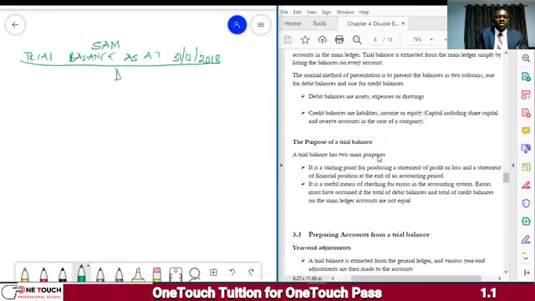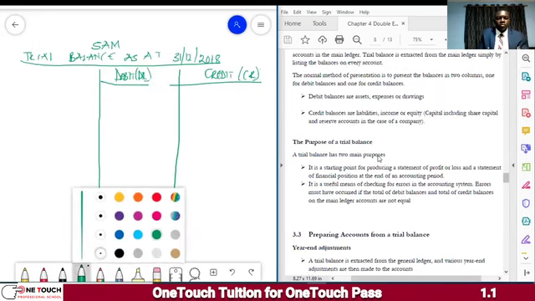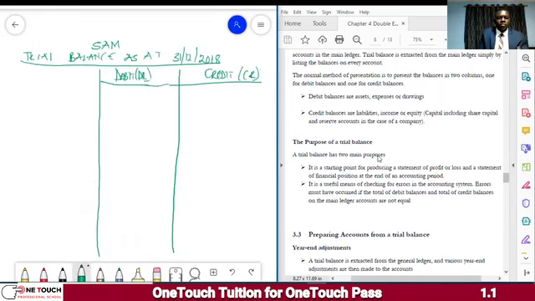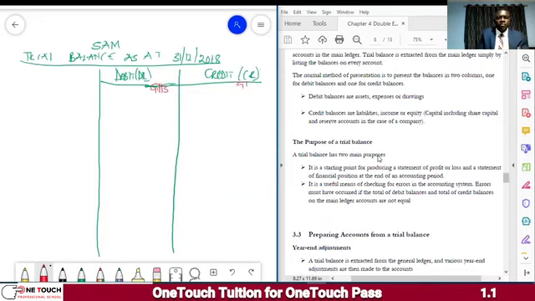So I have my debit and I have my credit. So let me have my, so I have my CD sign here. Good.